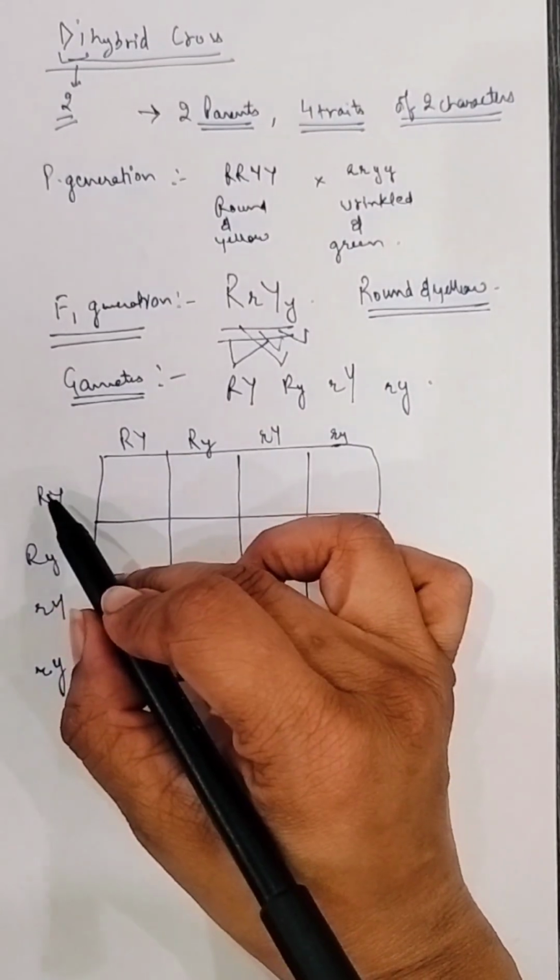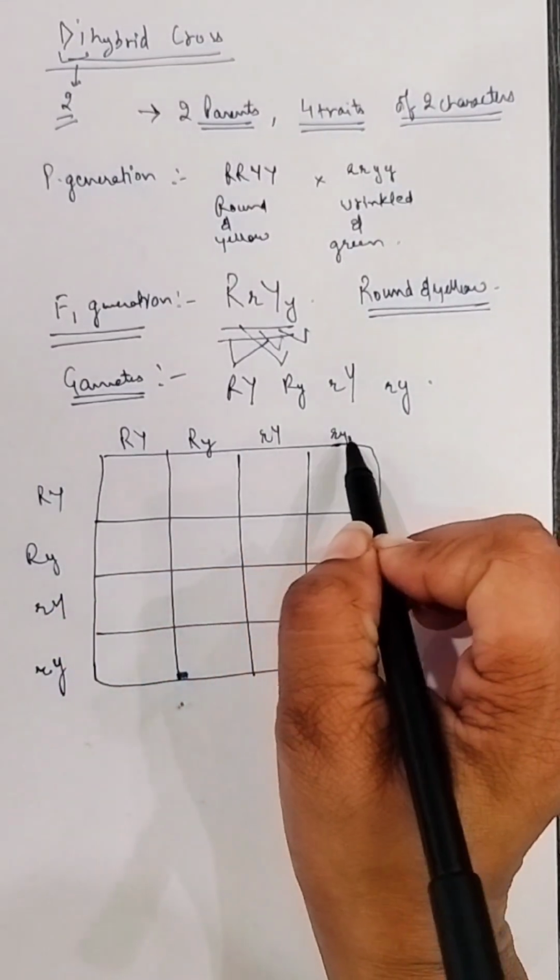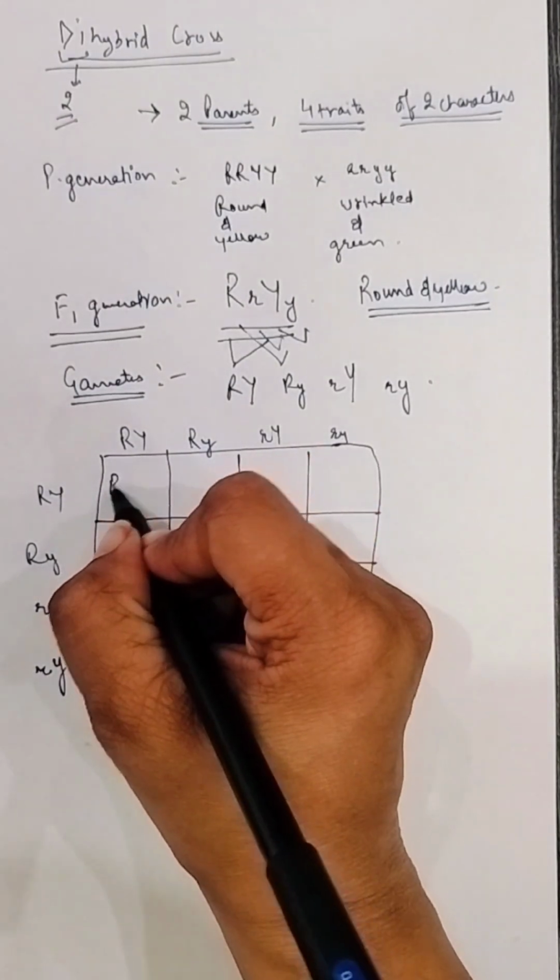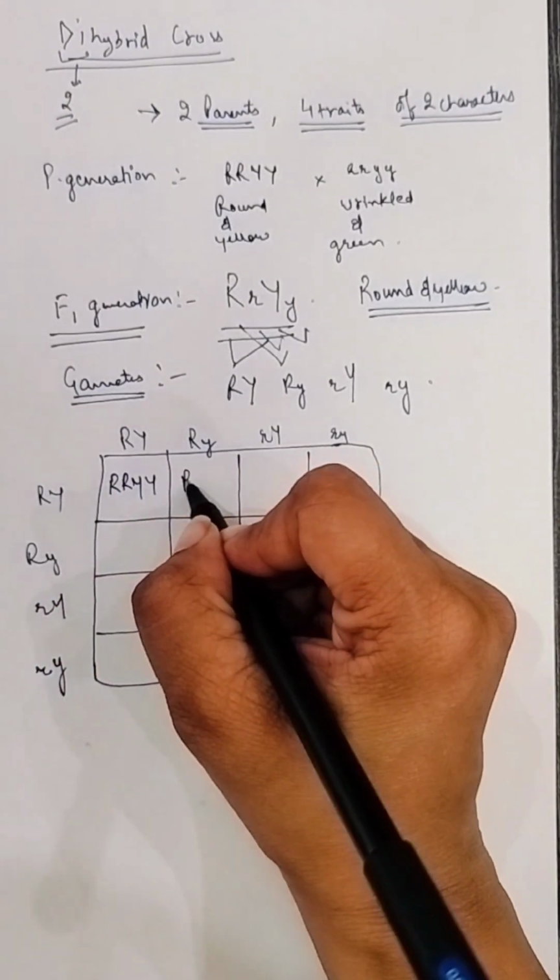Now taking one genotype, we will cross it with the rest and put the sequence here one by one.